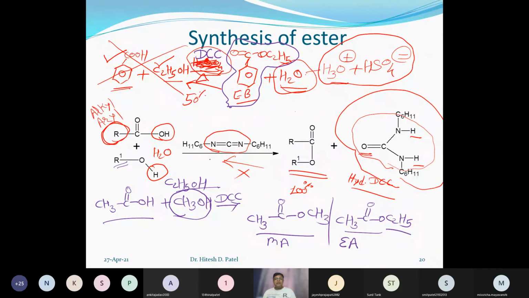If they ask for the preparation of ethyl benzoate using DCC, then you have to write benzoic acid plus ethanol. In the same way, methyl benzoate and some other compounds we can also synthesize. If you now have any query regarding the mechanism I have explained for the use of DCC, you can raise your hand and ask me, and I will try my best to answer.